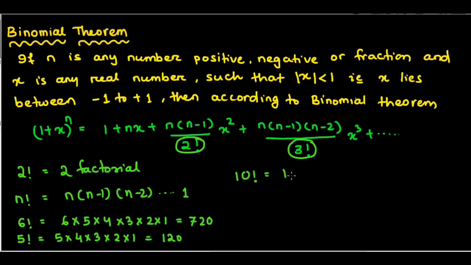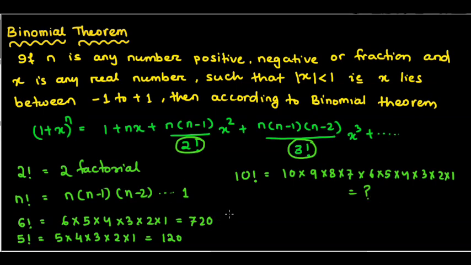So we have to start from 10 and gradually go towards 1. So we have to multiply all the numbers starting from 10 to 1. So that is equal to 10 into 9 into 8 into 7 into 6 into 5 into 4 into 3 into 2 into 1, and you can find the answer on your own.